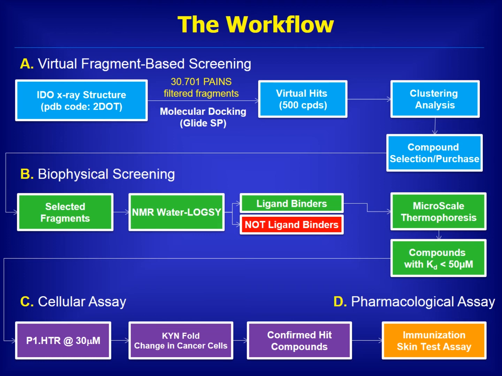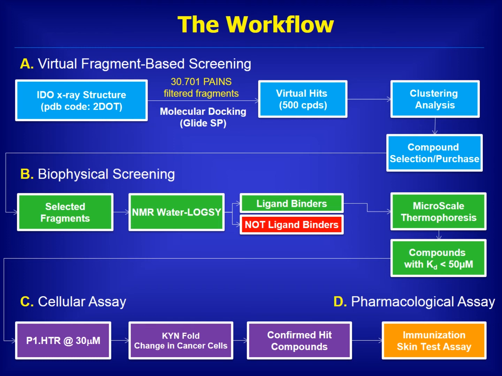The workflow that we use is composed of 4 parts. In the first part, we run a virtual fragment-based screening campaign to identify small molecules in libraries of commercially available molecules. Then we use biophysical screening to identify true binders of the enzyme.